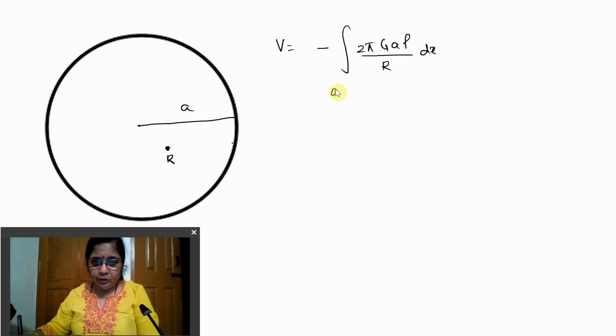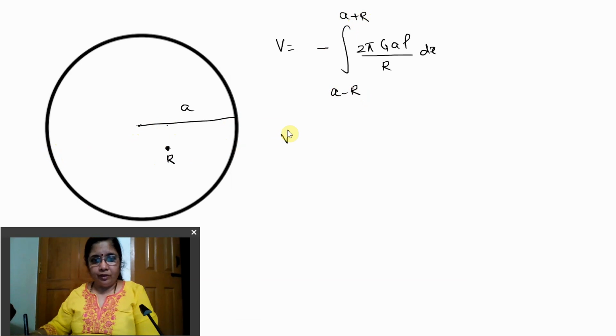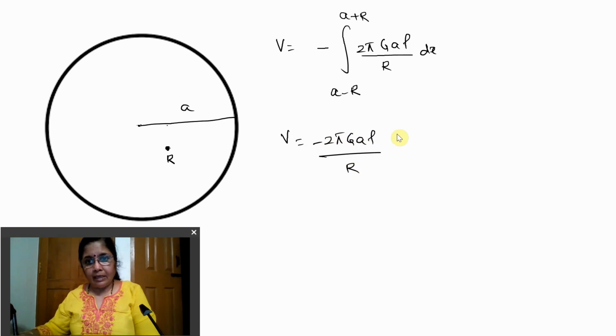So your lower limit is going to be a minus R, and your upper limit is going to be somewhere here, which means the total a plus this distance R. Upper limit is going to be a plus R. So V is equal to minus 2 pi G a rho by R, x between limits a minus R and a plus R.